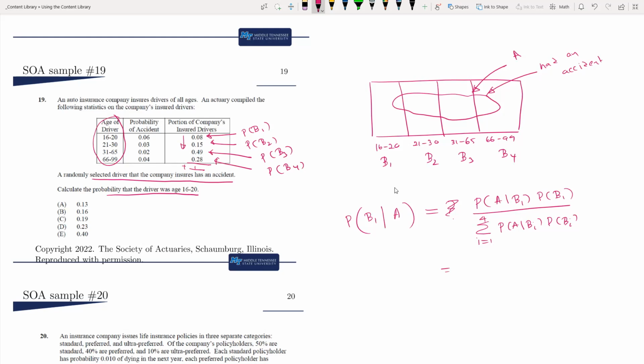Then what about this conditional probability, the probability of an accident occurring given B1? That's this one. This is the probability of A given B1, and the second one is the probability of an accident given B2. Now we have all the numbers we need. So the first one is 0.06 times 0.08.